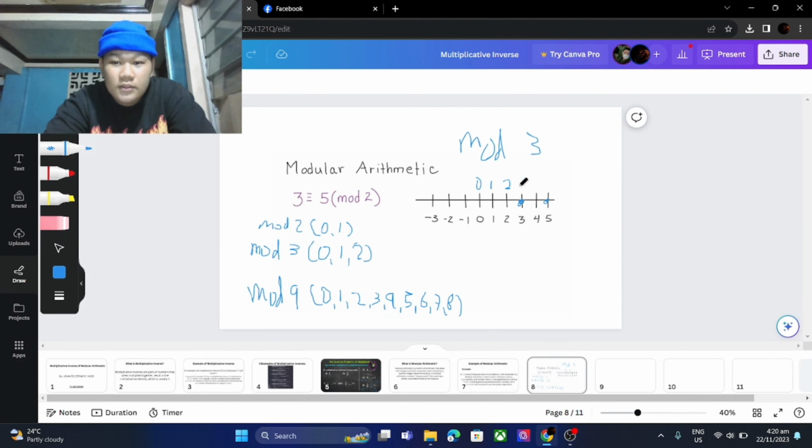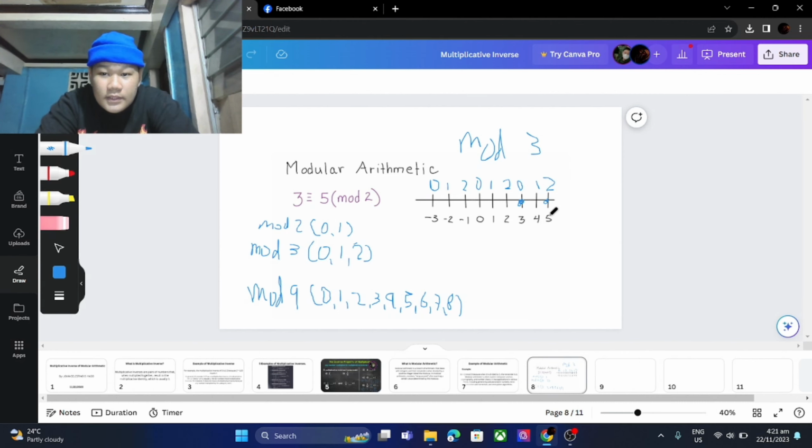Same gyapon na siya sa pa-backwards. Pero, pabali na siya, ma'am. So, ang imong ibutang sa 3 is 2, 1, 0. So, mabalik-balik na siya, ma'am. 0, 1, 2, 0, 1, 2, 0, 1, 2.